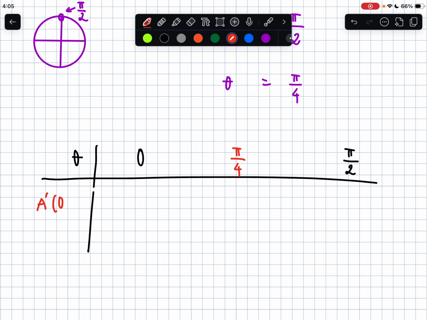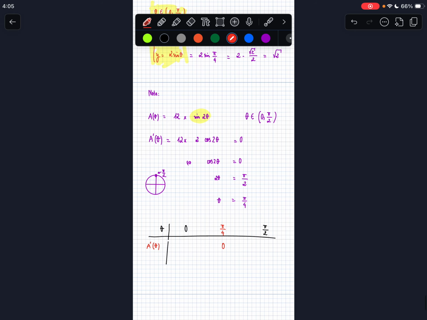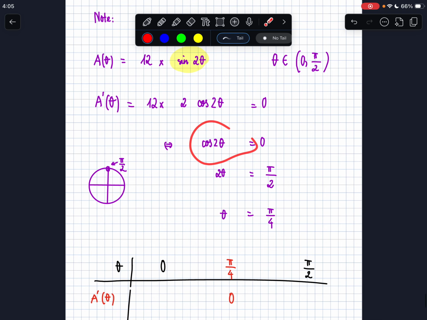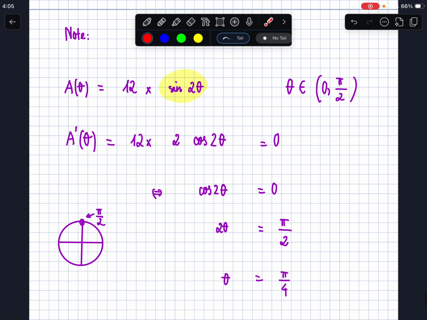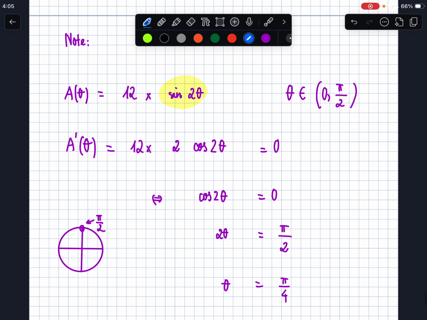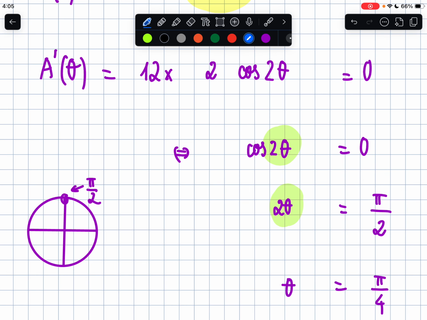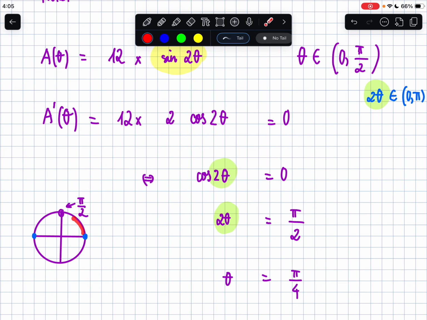A prime gets 0 here, cosine of that. So theta between 0 and pi over 2, 2 times theta is the angle between 0 and pi. 2 thetas start from here and end at here. So you see that it is positive on this side, negative on this side.